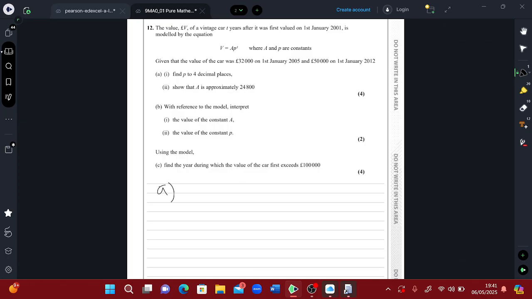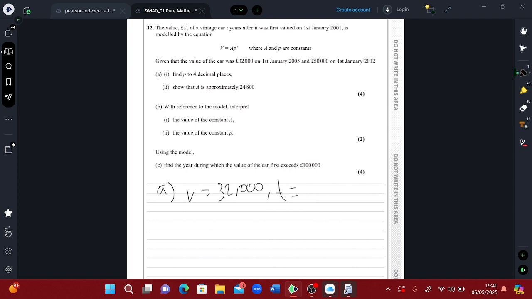So we know the value is 32,000 because it's in pounds, when T is what? So T is in years.